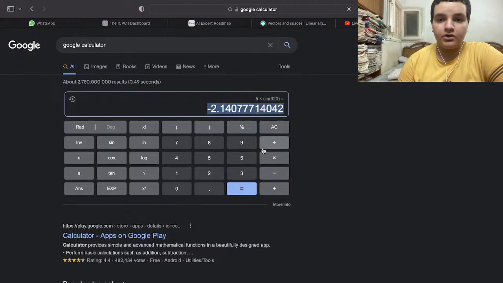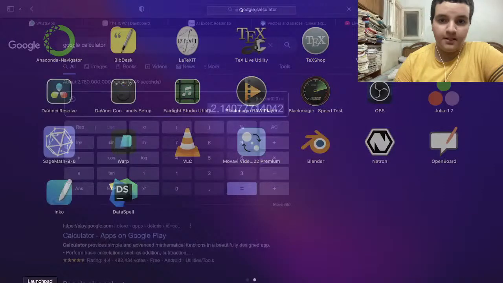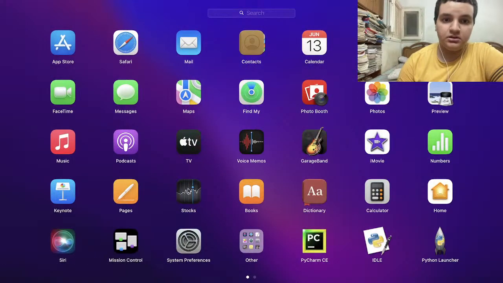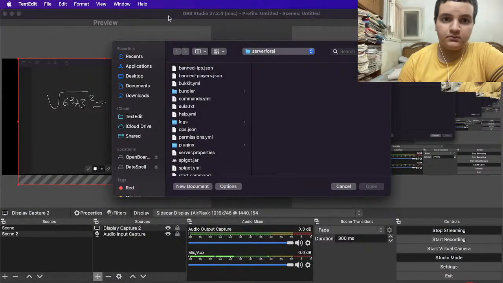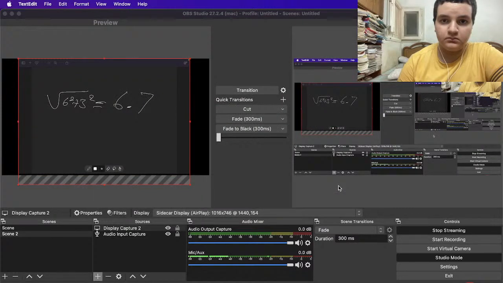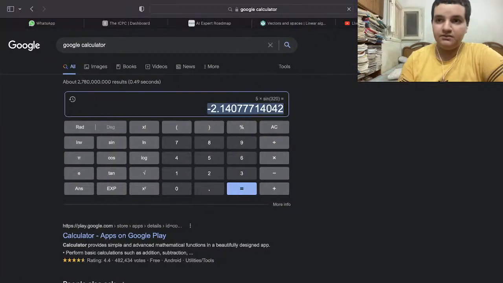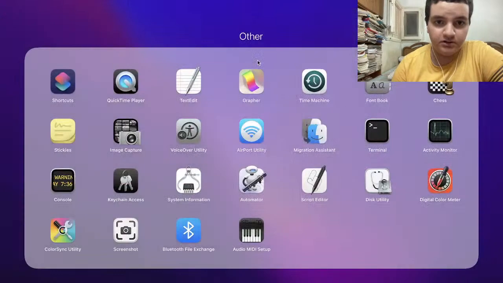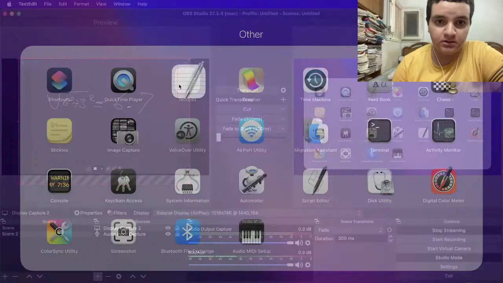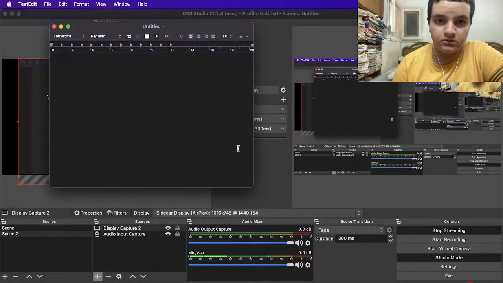So let's open a text document. Text Edit. So that's the first thing. Need Text Edit, plain text.